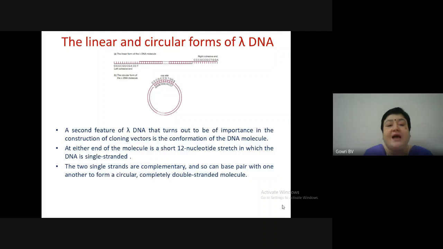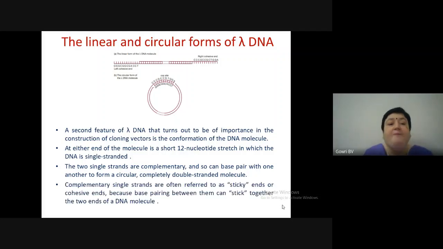The two single strands are complementary to each other and so can base pair with one another to form a circular, completely double-stranded molecule. Complementary single strands are often referred to as sticky ends or cohesive ends because base pairing between them can stick together the two ends of a DNA molecule.